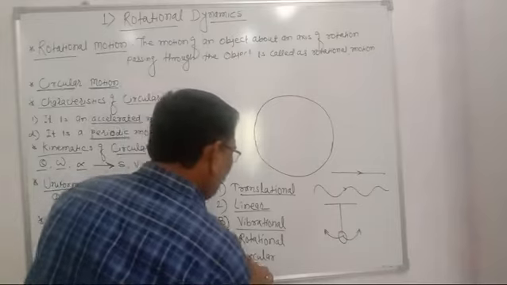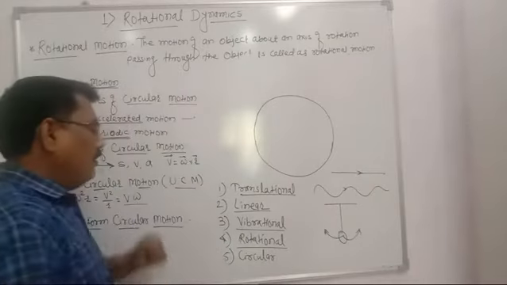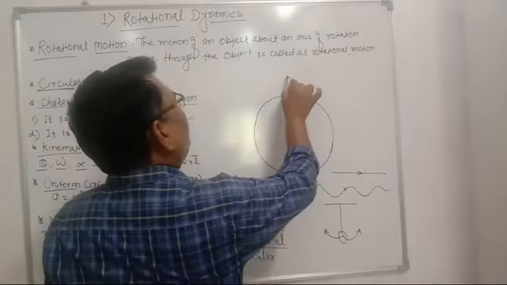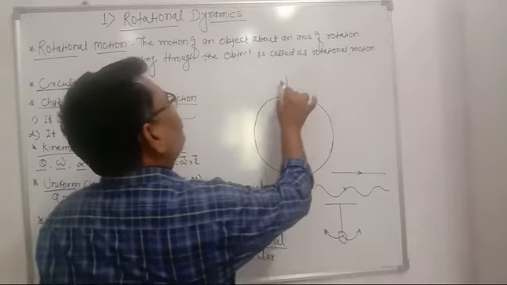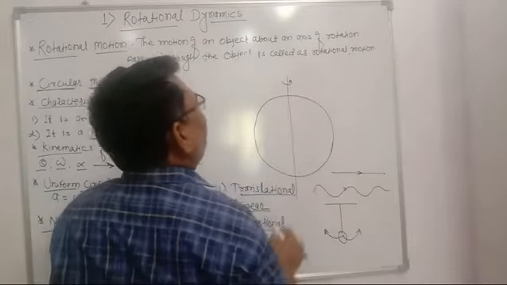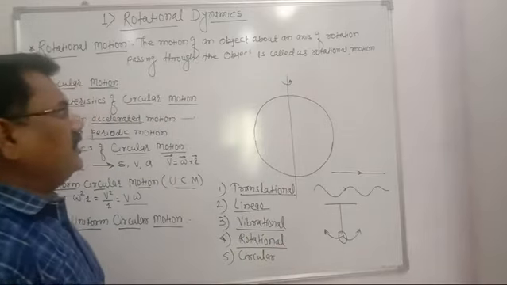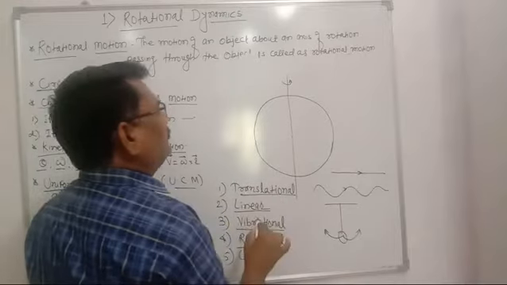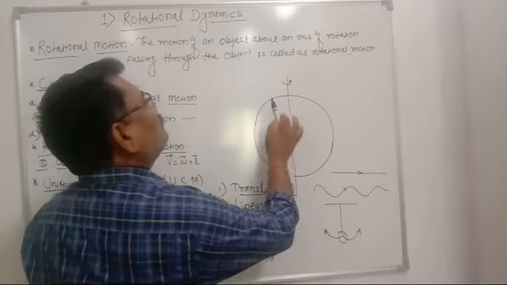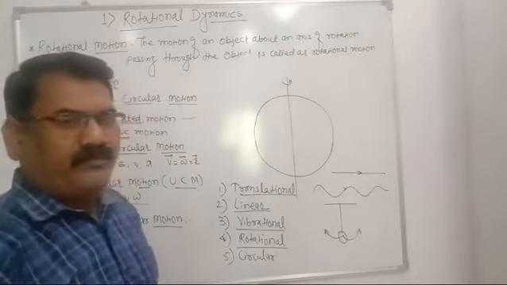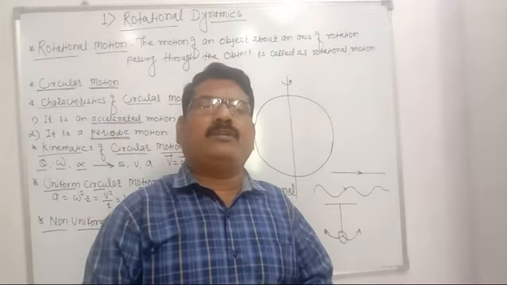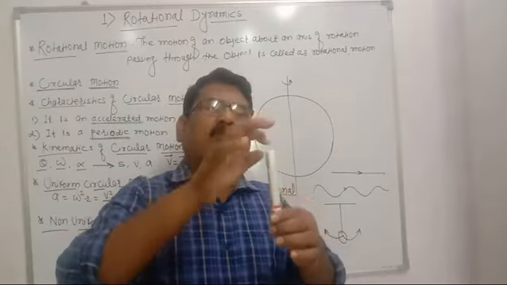Next one is the rotational motion. When a body is rotating about a given axis of rotation passing through that object, it is called rotational motion.